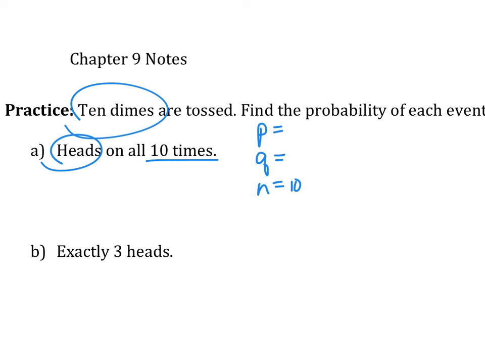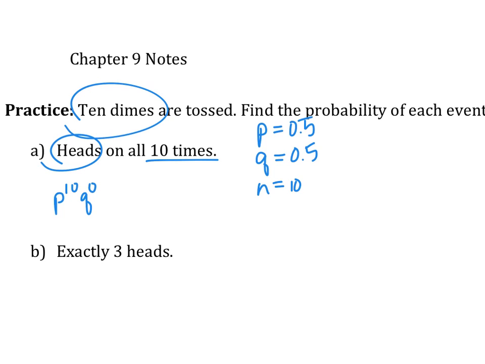All right, so heads means, what's the probability of getting heads on a coin? That is 50%. So the other 50% is getting tails, which in this case would be considered failure. So if you want heads all 10 times, that means P is to the 10th power. That means Q is to the 0 power because you're tossing 10 dimes and you want heads all 10 times.